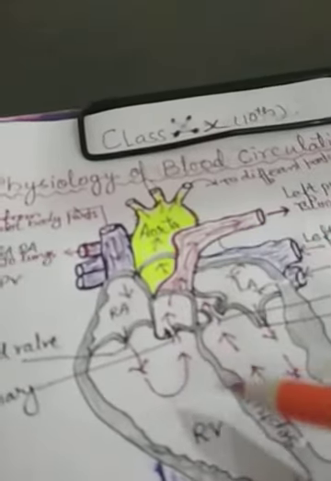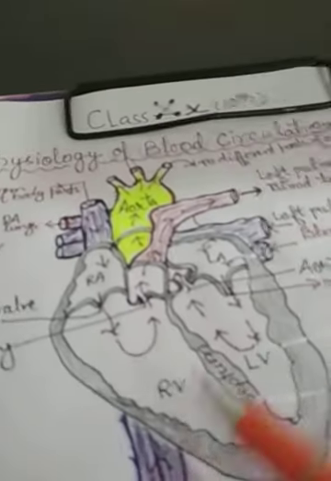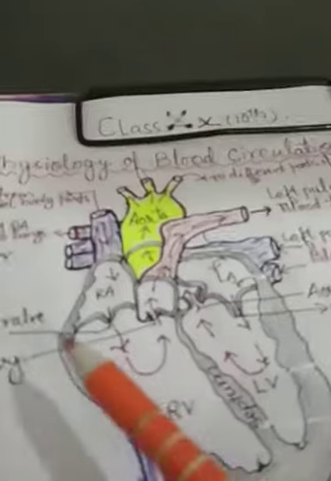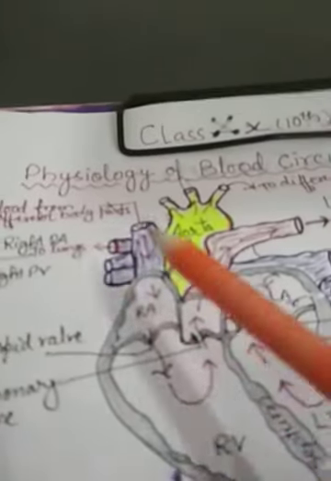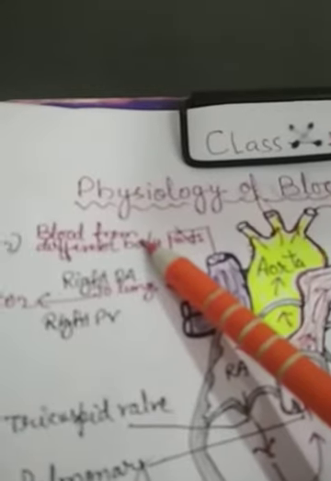Now let us see one by one the physiology of the blood flow, how blood flows in the heart. So my dear students, the blood is coming from the different parts of the body.